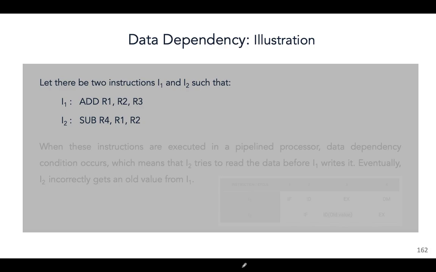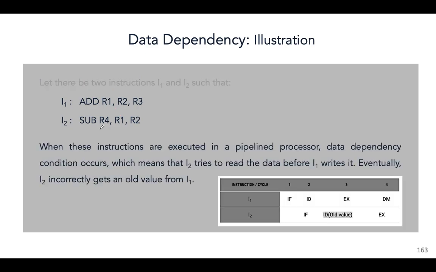Now, there is an example of such a condition of data dependency. Consider we have two instructions. One is add, one is subtract. In instruction 1, the contents of R2 and R3 are added and moved to R1. In instruction 2, the contents of R1 and R2, again the same R1, are used: something is subtracted from the content of R1, and the result is stored into R4.